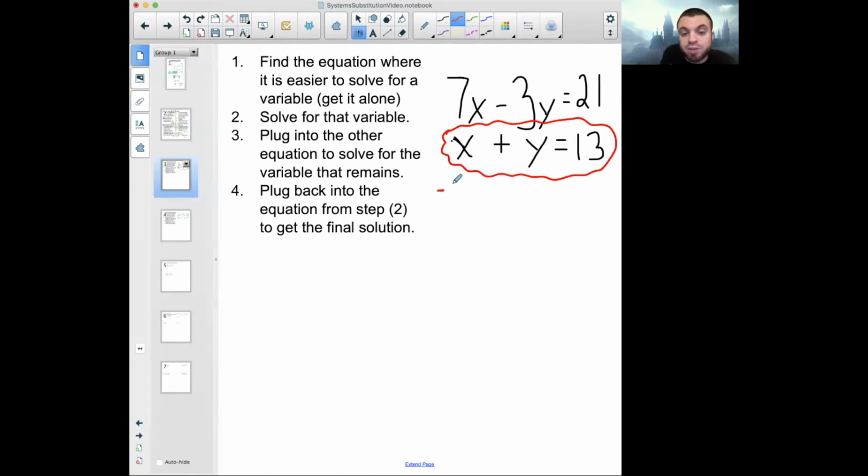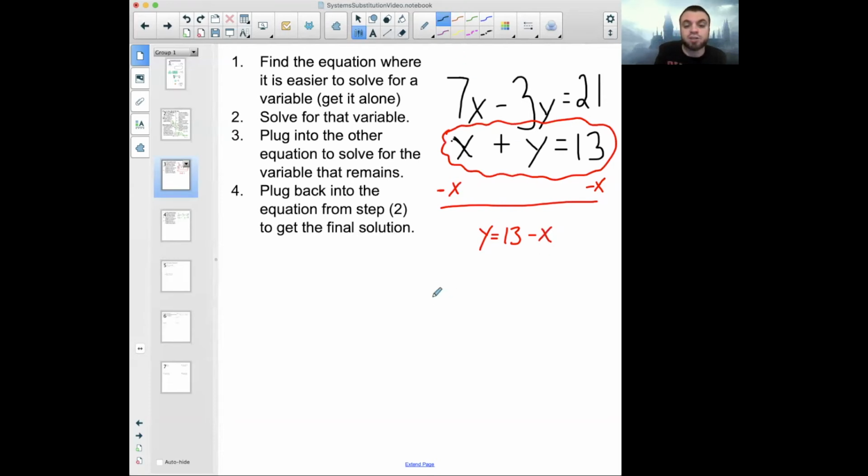If I subtract x on both sides of the equation, I'm allowed to subtract something from both sides, I get y equals 13 minus x. So that is telling me the value of y.